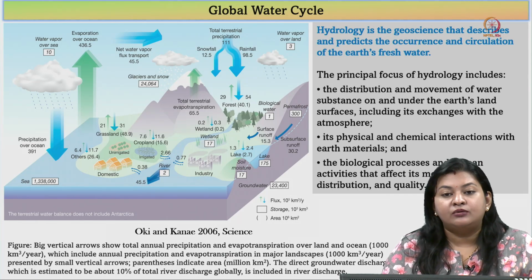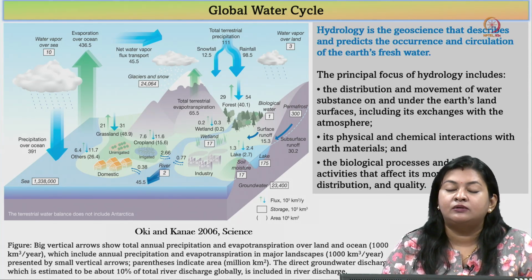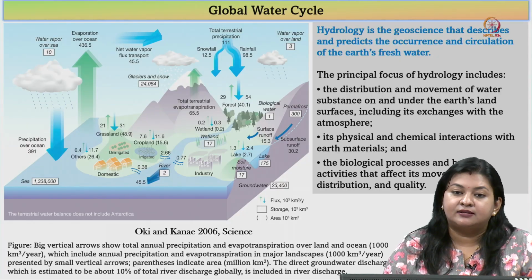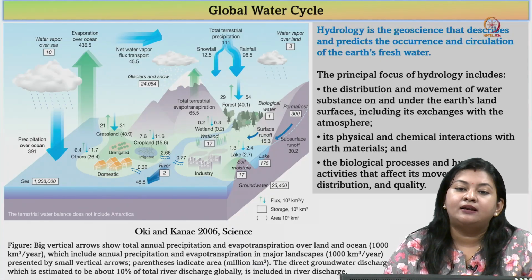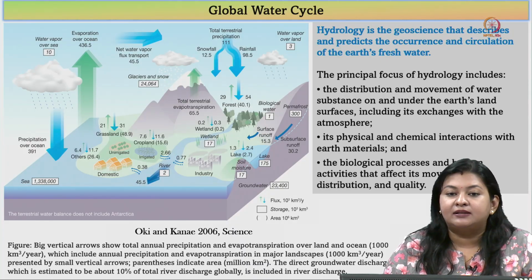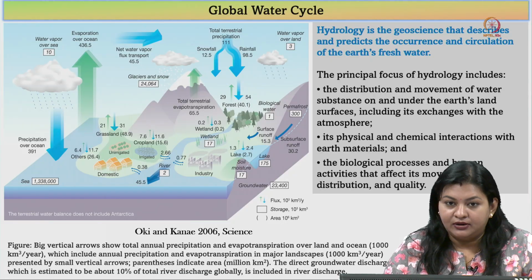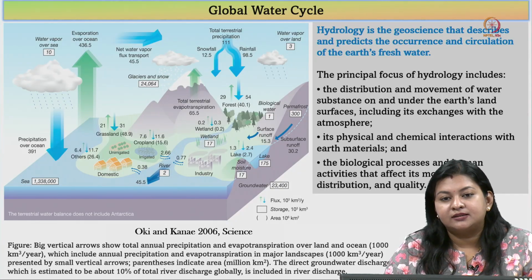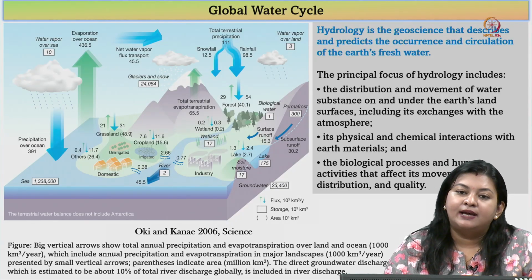On the oceans, of course, you need to also understand it with the fact that the land surface, okay, we always knew from our school days that earth has 3 parts of water and 1 part of land, right. So the water covering earth's surface is 3 times more than the land surface.